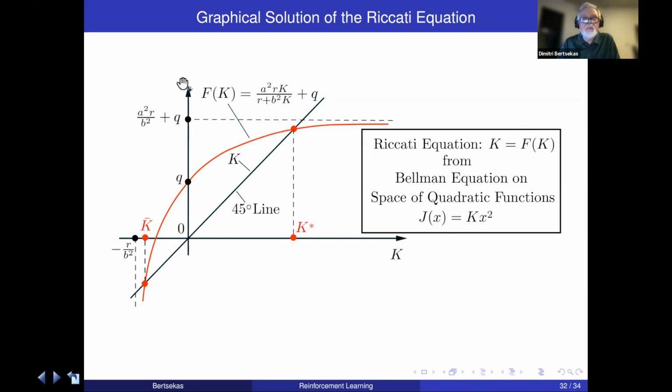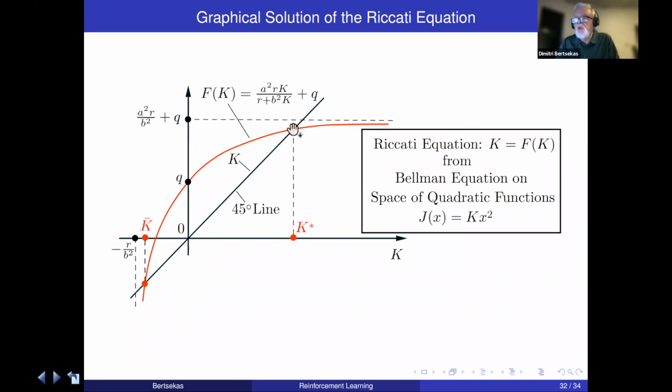It crosses the vertical axis at this positive number here. So this is a realistic picture. Now, how do we solve graphically the Bellman equation? We have to make the graph of the right-hand side, which is the red curve, meet the graph of the left-hand side, which is this 45-degree line.